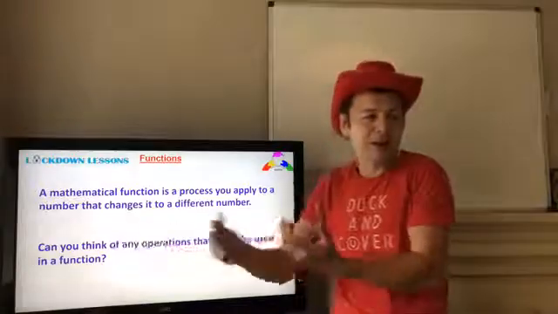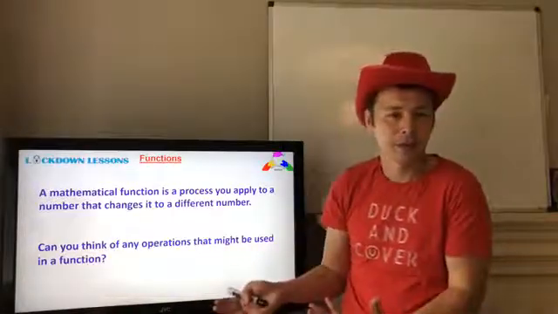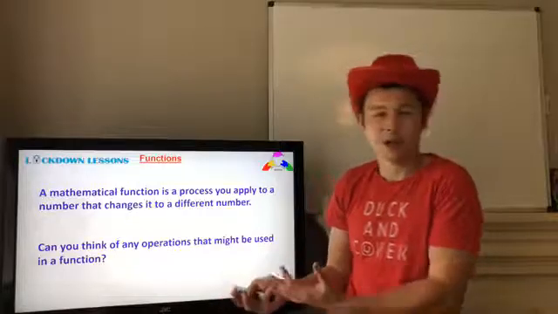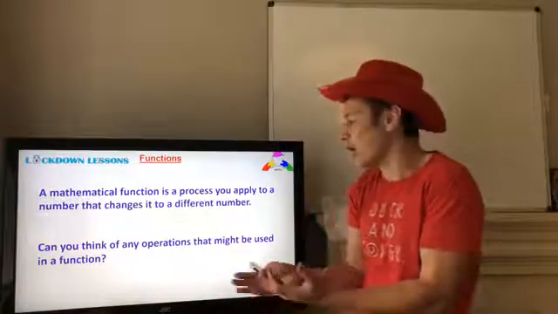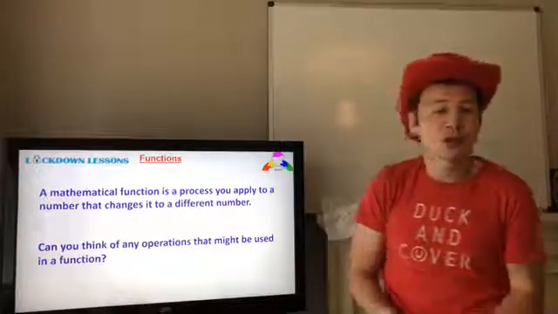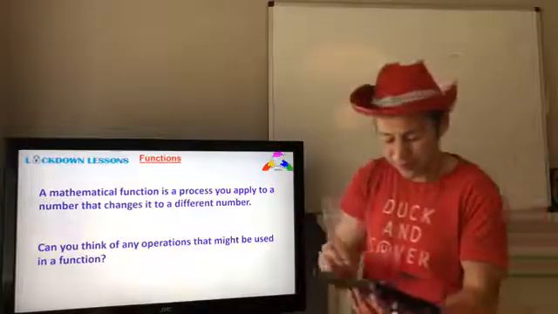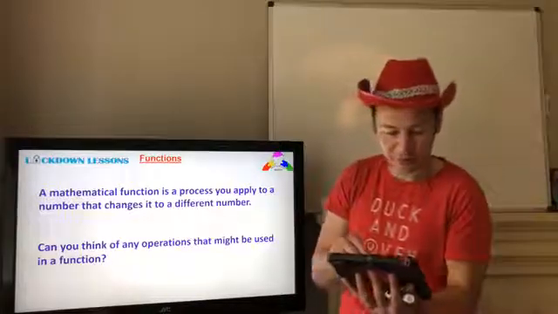So, can you think of any things we do in maths that change a number to make it different? Can you think of anything we do to a number, and you do this all the time? What kind of operations, we call them, do you do to numbers to change them? We do this all the time, we just don't think about it this way. What do you think, Theo?